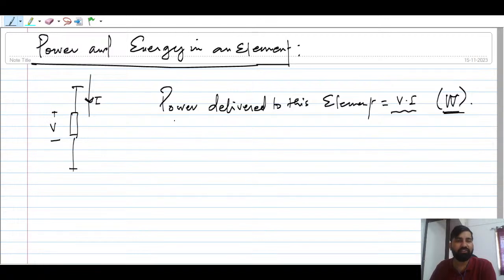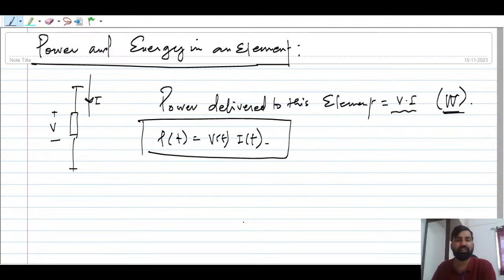If I talk about instantaneous power, you can say that p(t) is going to be the voltage as a function of time times the current as a function of time, right? This is called instantaneous power. Suppose you are finding this VI and you get that VI is positive, so power is greater than zero.